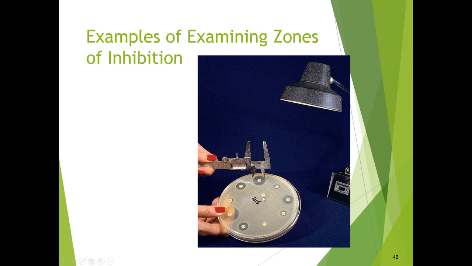Here, this one has growth all the way up to the disc, so I don't have to measure anything. I know that that drug is resistant. This one also resistant. These zone sizes are very, very small, and so they'll probably be resistant as well.